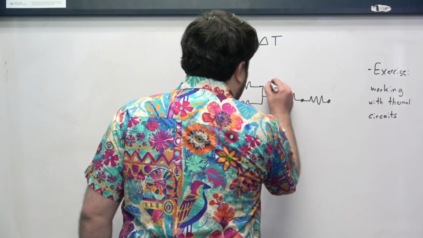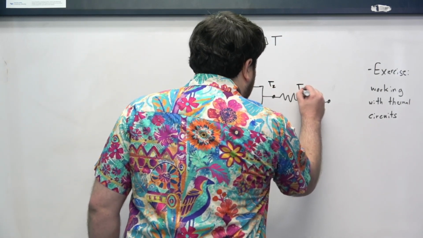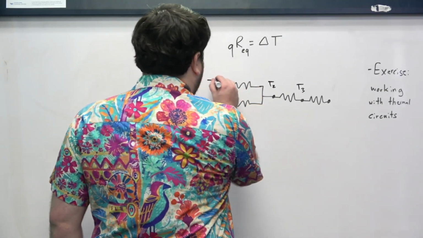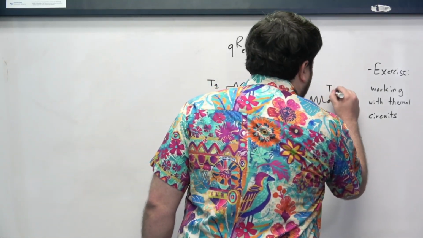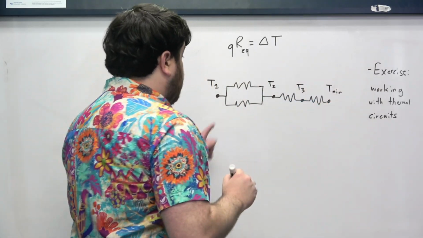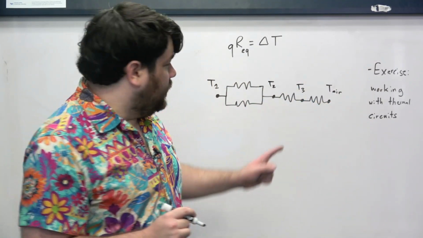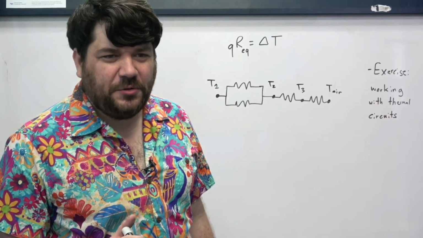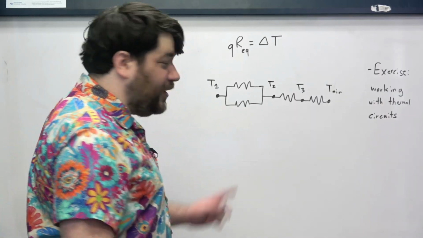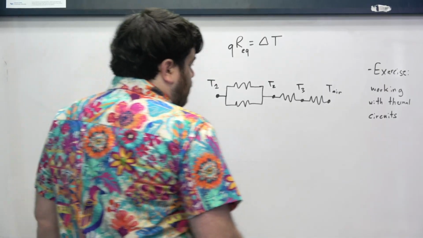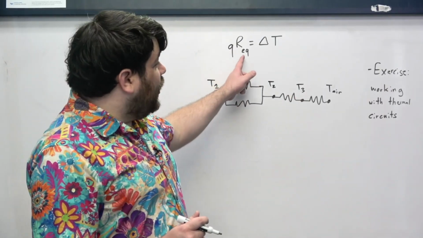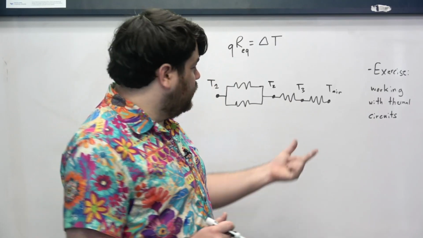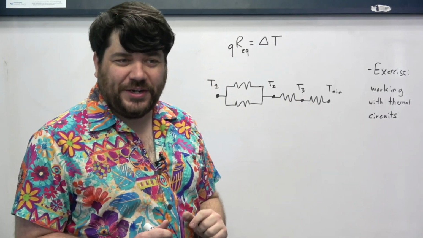And we wanted to figure out what T2 or T3 were. We knew T1 and we knew T air and we knew the resistances. So how do we find, for example, let's say T3? Can we find T3? The answer is yes, as long as we know the Q. Because we can use this law on any chunk of this thermal circuit, including just this little resistance over here.